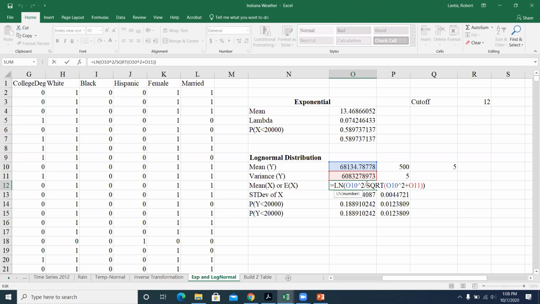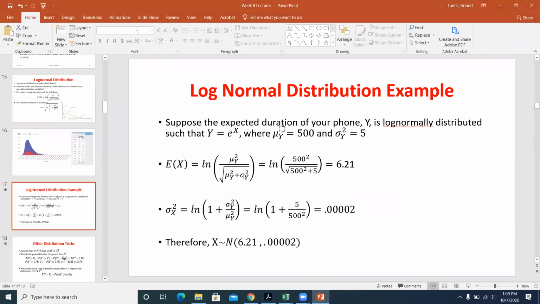Notice my mean squared divided by the square root of my mean squared plus my variance. So remember, when you see sigma squared, that's your variance. So if I calculate the variance, I don't have to square it again. Now, if I had found the standard deviation and plug that in, well, yeah, then I have to square that, right? But if I found the variance, that is sigma squared. So when I'm looking here, I just have the variance of that original variable I can see, y. And then solving for the variance of x, I can use this equation. So we go back.